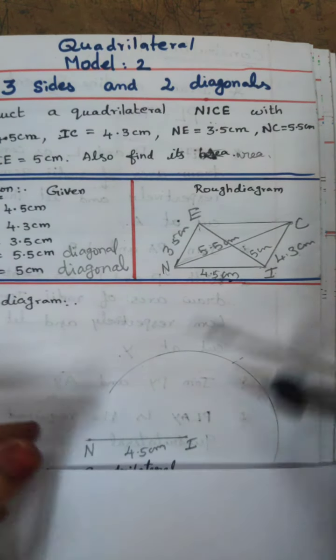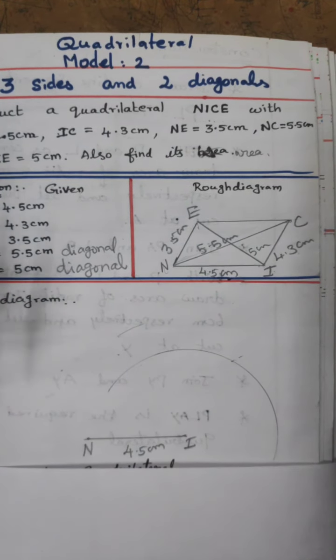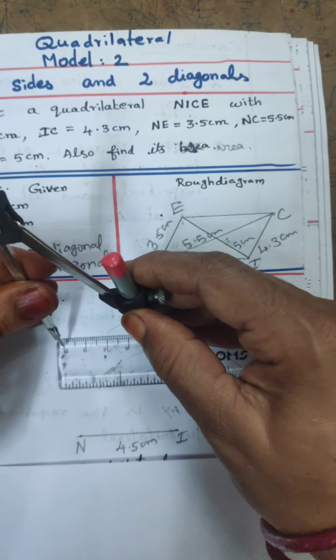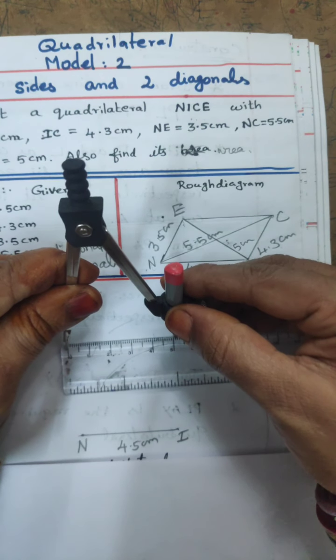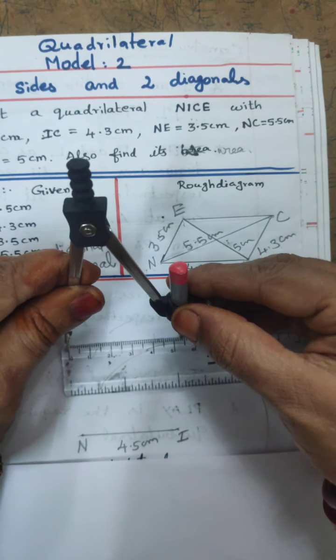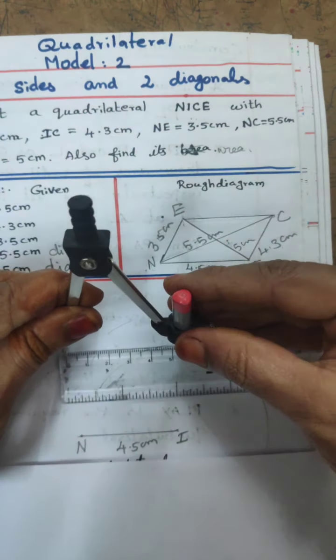Okay, next, how many centimeters is given here? 5.5 centimeter. Again use the scale and measure with the compass. 5.5 centimeter: 0, 5 first stop. Next after 5, the small lines are 5.1, 5.2, 5.3, 5.4, 5.5. Correctly measure and do the work.